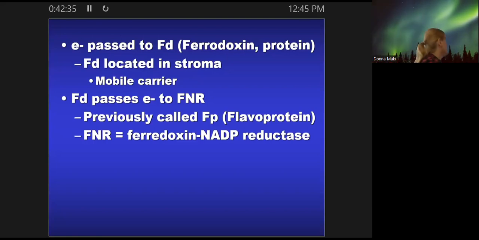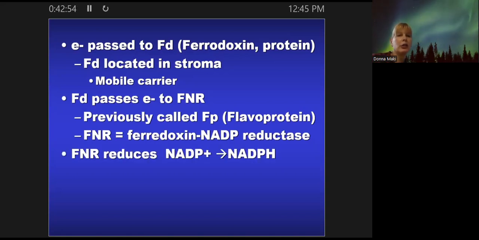What this is saying is that the FNR takes an electron from ferredoxin and is going to give it to NADP+. So this FNR is an enzyme in the stroma, and hopefully ferredoxin is going to bump into it. They'll get that exchange of electrons, and then that FNR enzyme will then give that to NADP+.